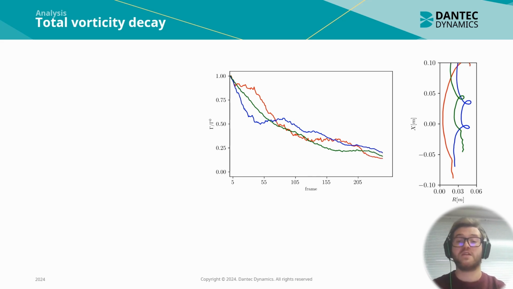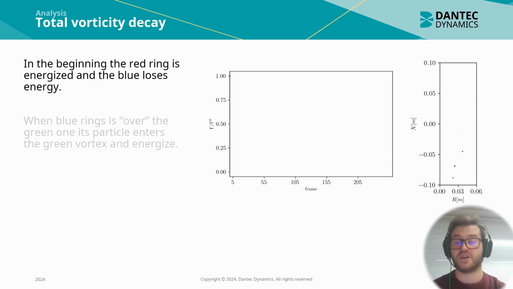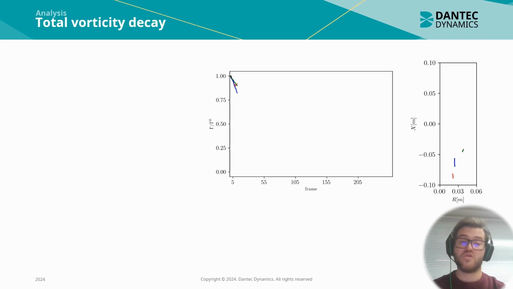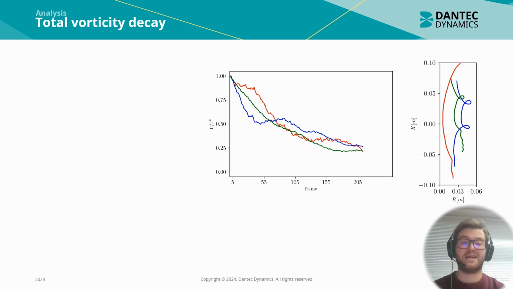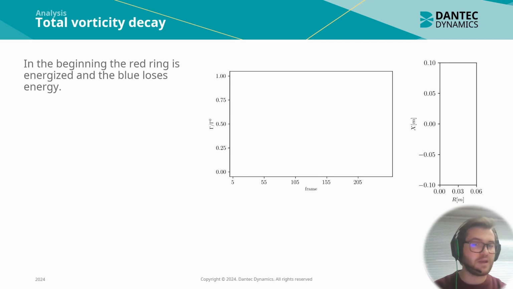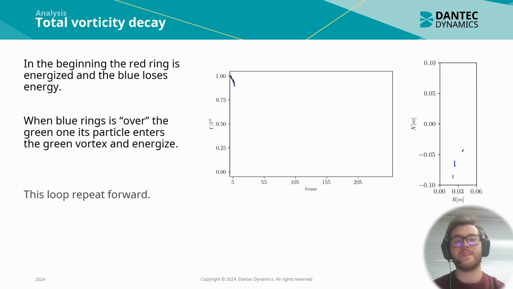This is because it's very close to the green one, which is the most energetic, and at the contact point they have a different velocity, so probably it's losing its momentum. The red, the first and smaller vortex, is sucked towards the center of the other two, and this increases its vorticity. While the green, as it is the bigger one, is almost not influenced by what the other two are doing.